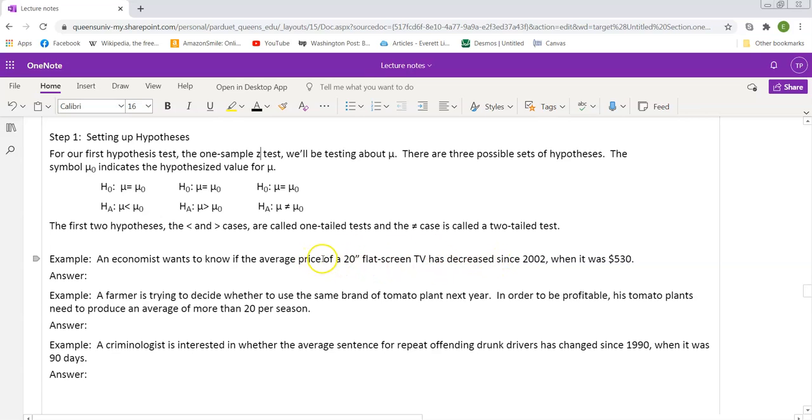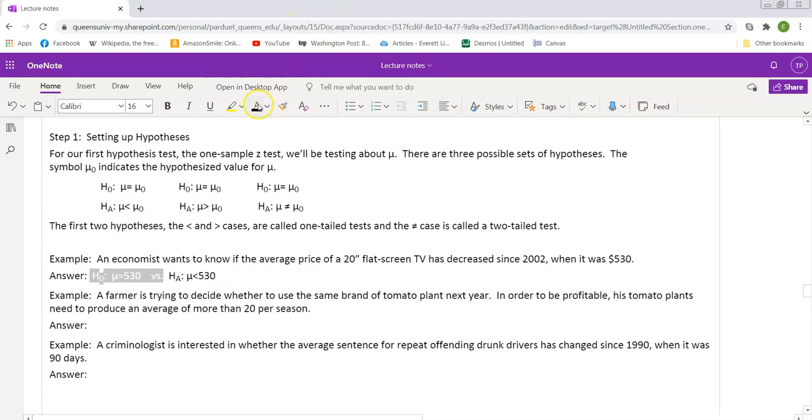In other words, whether mu is less than what it used to be, which is $530. So our alternative hypothesis is going to be mu less than 530, and that's because of this word decreased. Okay, decreased means it has gone down.